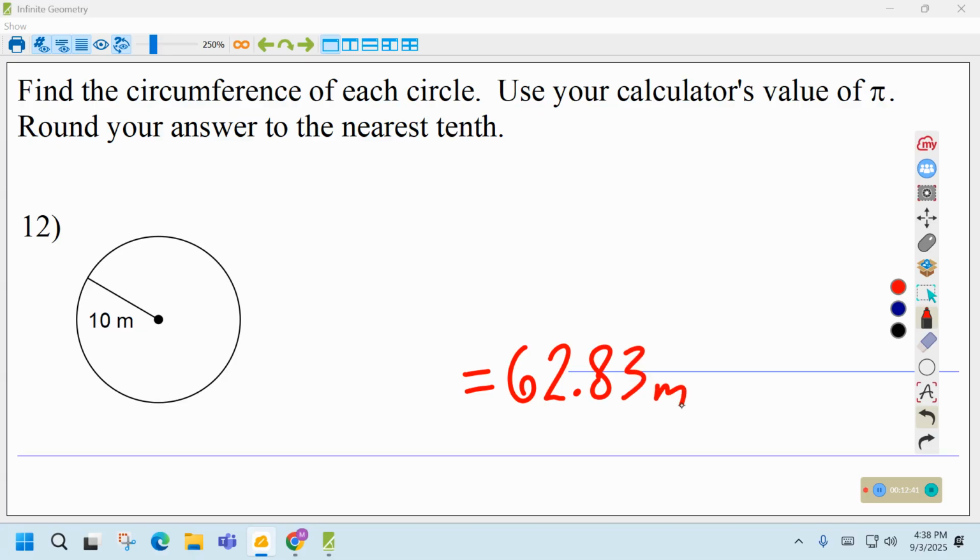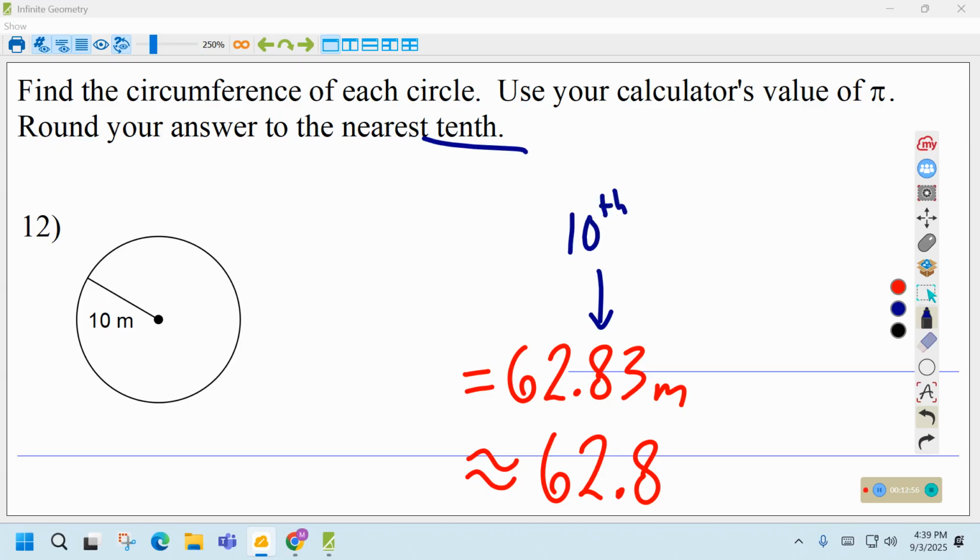So we have 62.83 meters. And now we need to do the approximately equal sign, so that's where it's wavy. And then we have 62.8. To figure out if we're going to the nearest tenth, we have to learn these places, and I hope you know them already. This is called the tenth, and this is called the hundredth place.